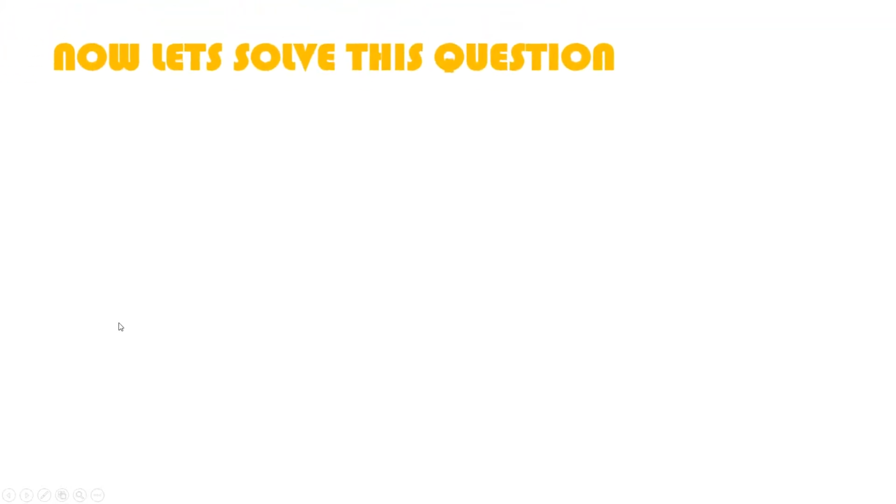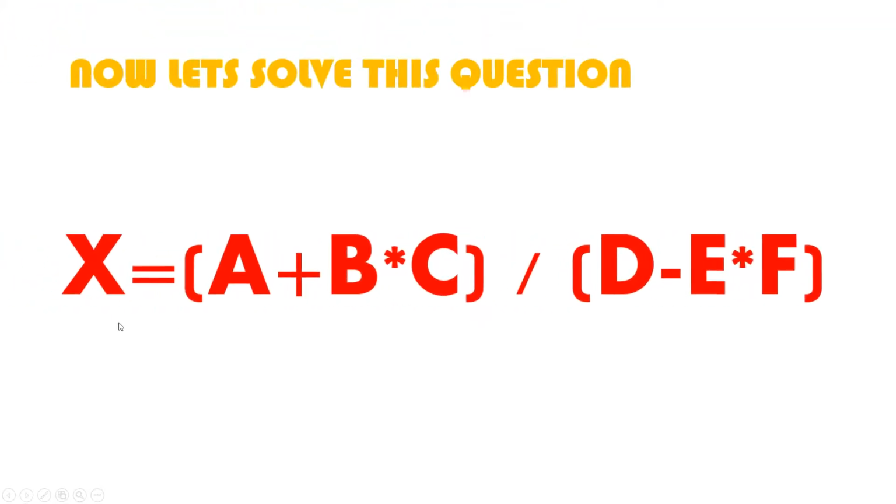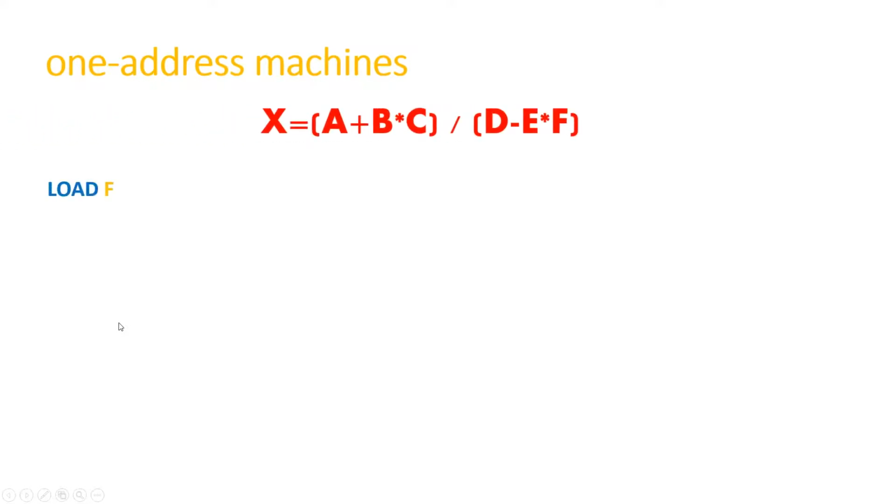Now let's see if we can apply this arithmetic operation using different address machine instructions. Let's just try to apply the arithmetic operation using one address machine. At first, we will start by loading the value inside F memory into the AC register, and then we will multiply E by the last AC value, which is F, and save it back into AC.